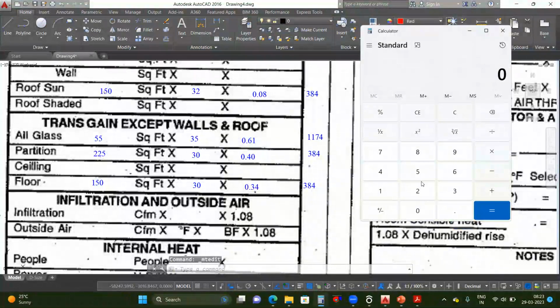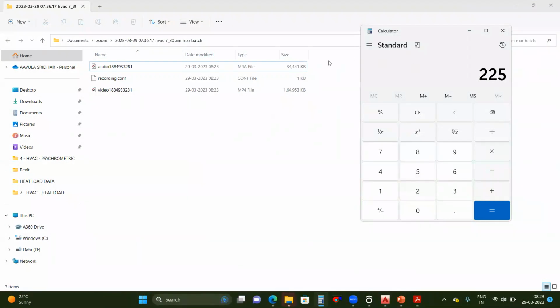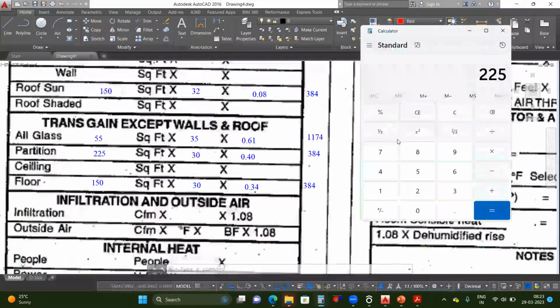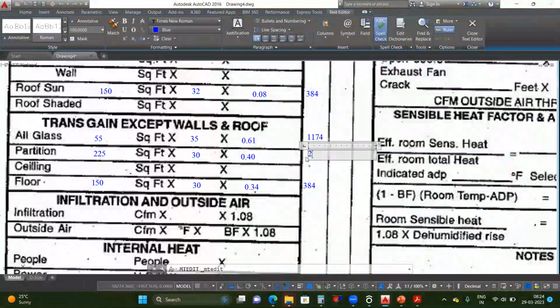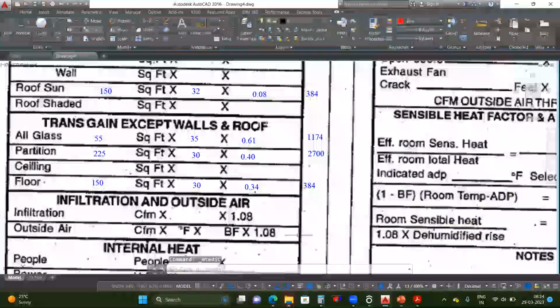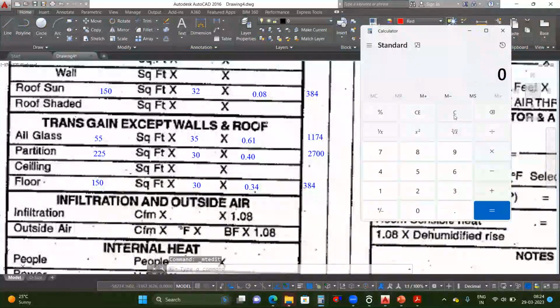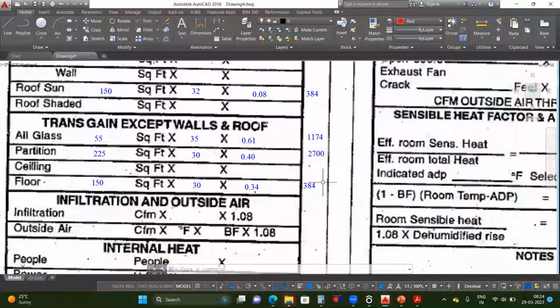Again, 225 multiplied by 30 multiplied by 0.4 gives 2700. And 150 multiplied by 30 multiplied by 0.3 gives 1530.